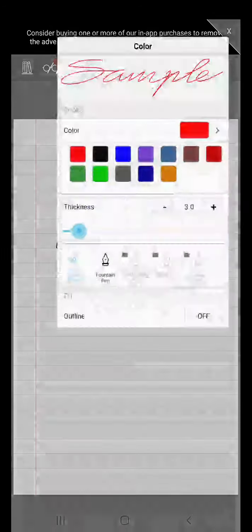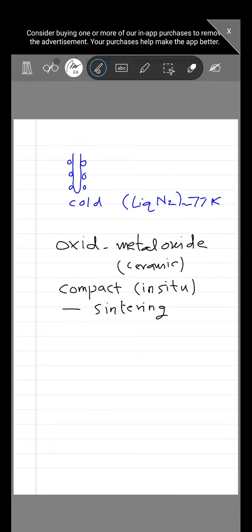The second method is called DC arc plasma method.